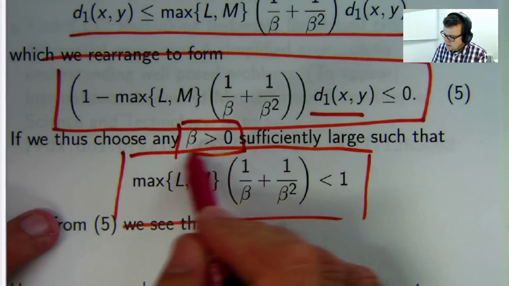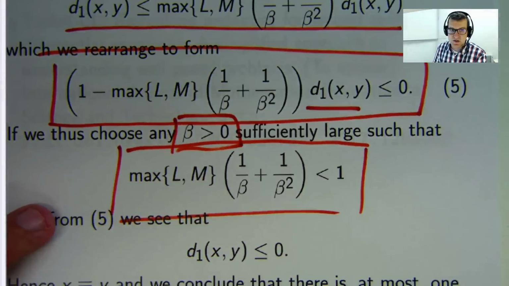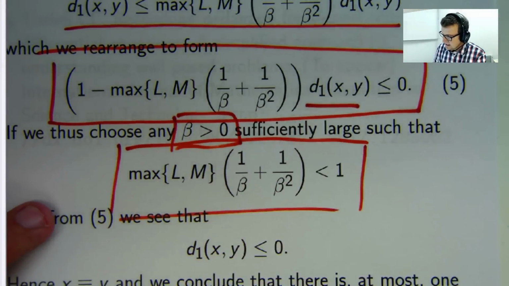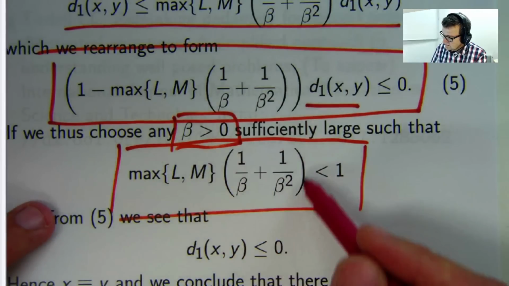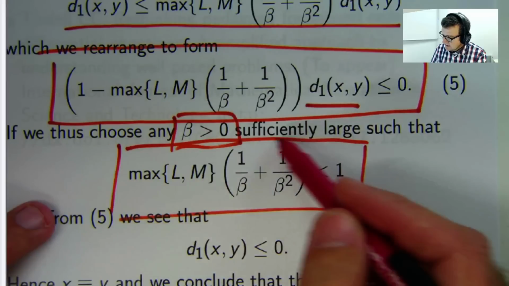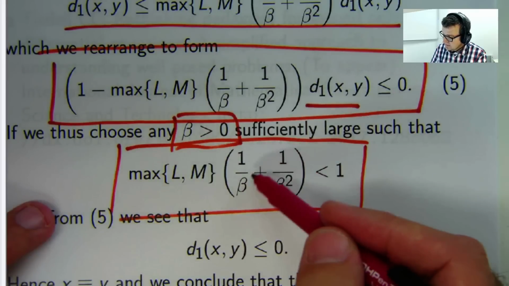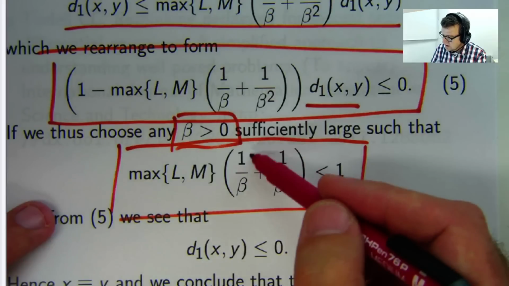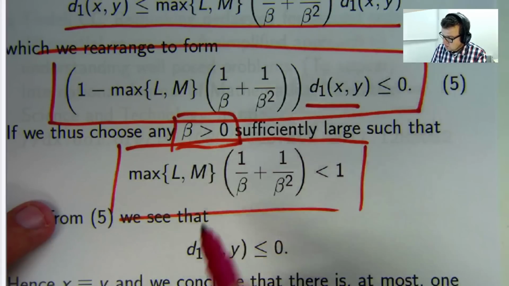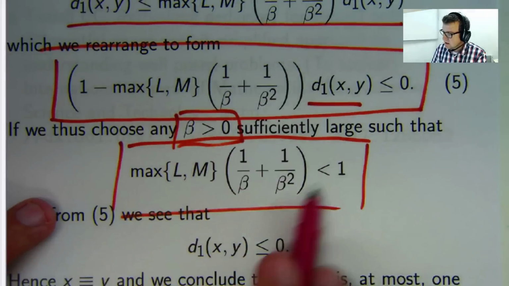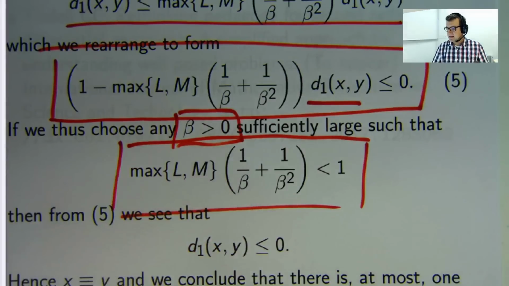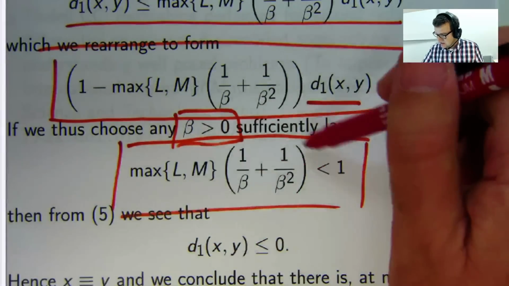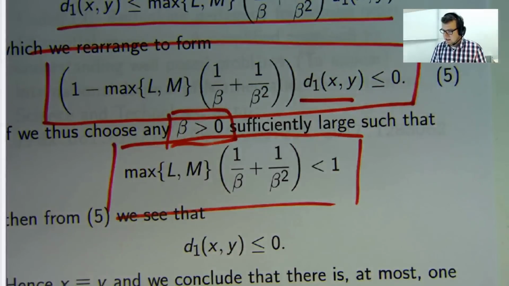Now remember, we don't know what beta is, but we can choose it as large as we like. So when beta is large, this will be small, okay? This will be small because 1 plus beta plus 1 on beta squared will be small. So this definitely can be less than 1. Doesn't matter how big L and M are, I can always choose a beta large enough so that this will be less than 1.